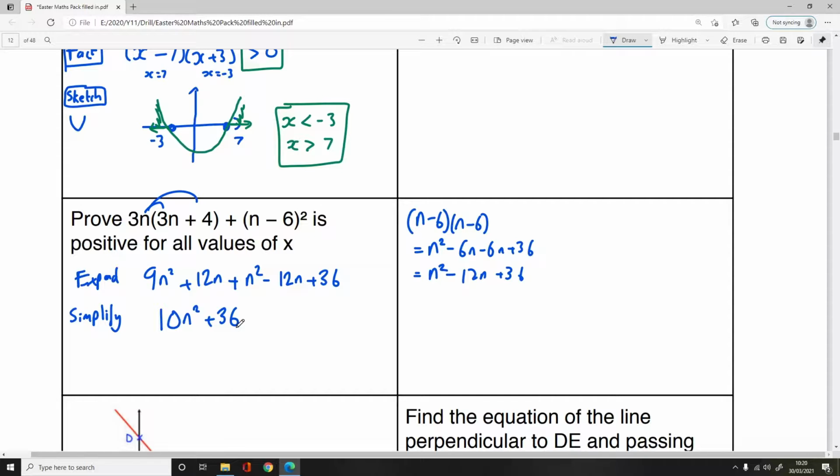And so we want to show this is always positive, and what this equals is a square plus 36, and that is positive because squares are always positive. And that would do. You could also complete the square at that stage, I suppose, as well, but that seems like the obvious way to prove it to me.